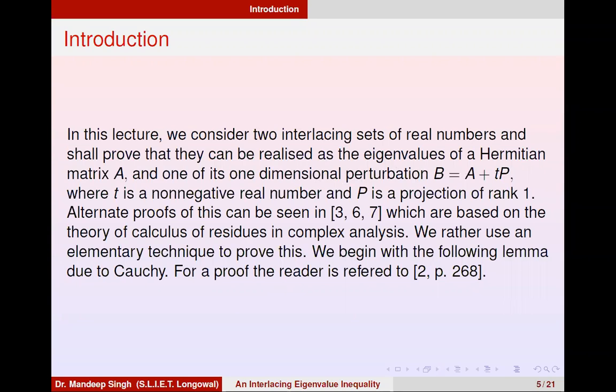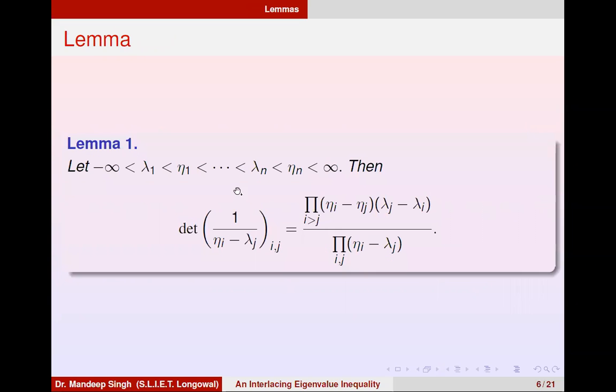We look at that as the interlacing of these two sets of real numbers. See here, this is the first lemma I want to share with you. We have two sets of real numbers: number one is the lambda i, number two is the eta i. They are like that.